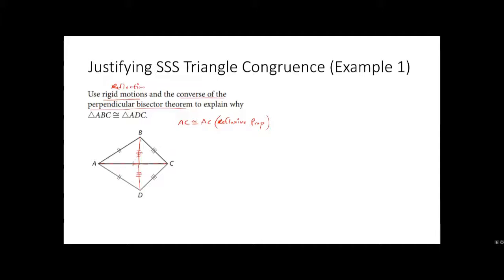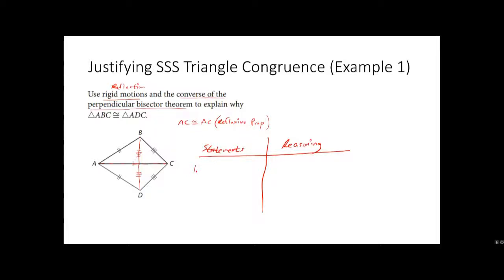So let me try to go ahead and create this whole proof since that is so important for you guys. So again, we got our statements, and then we have our reasoning, right? First things first, they said use rigid motions.